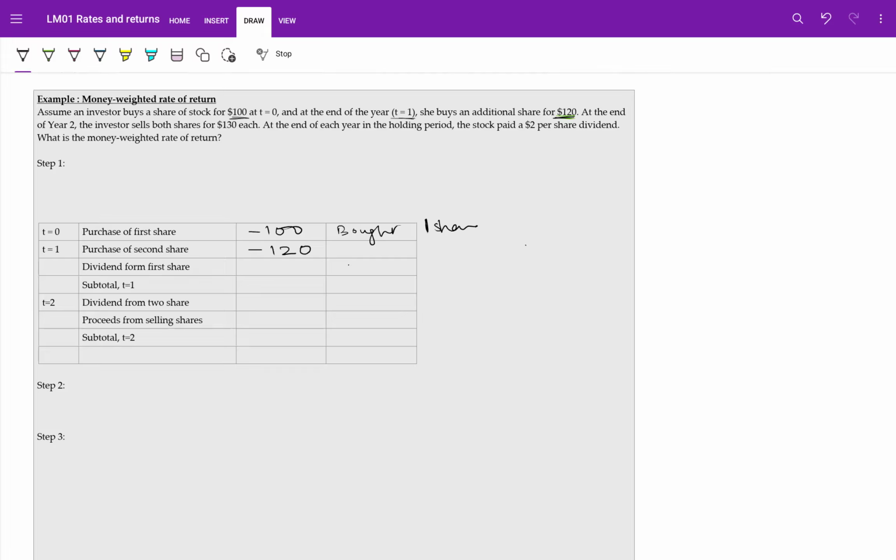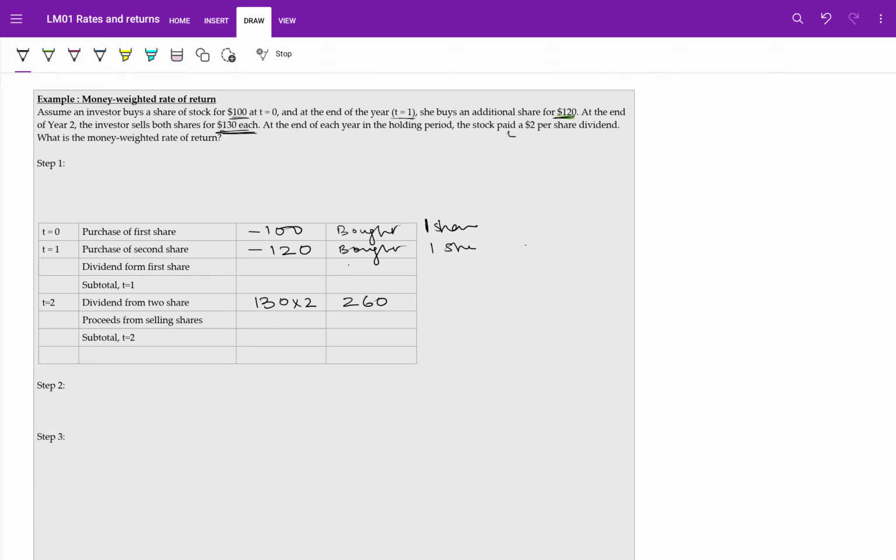And at the end of time two, she has sold the shares for 130 each, so this means 130 times 2. Now she has one more share, so in total she is going to sell both the shares for 130, and this is going to give her $260.